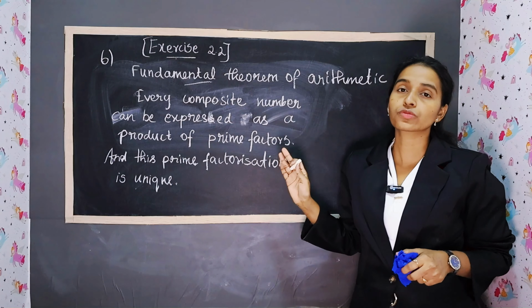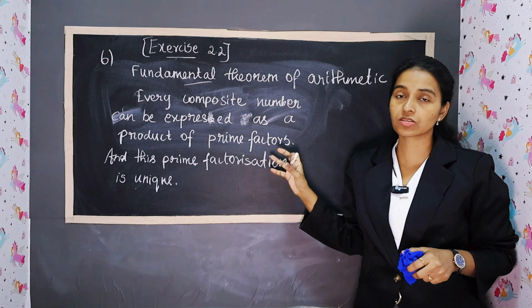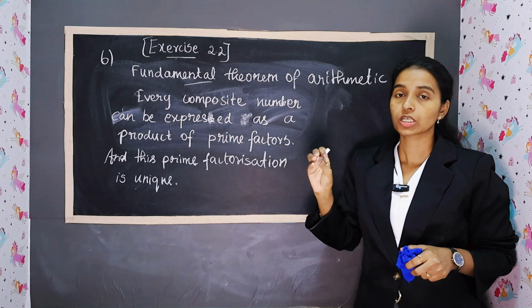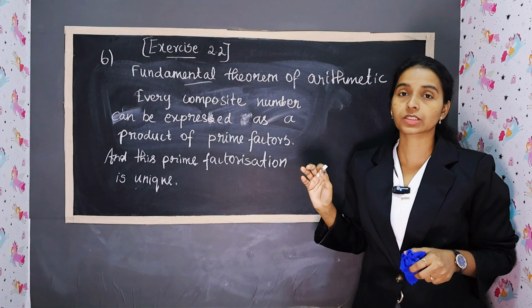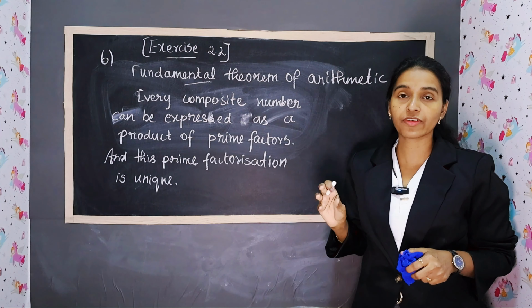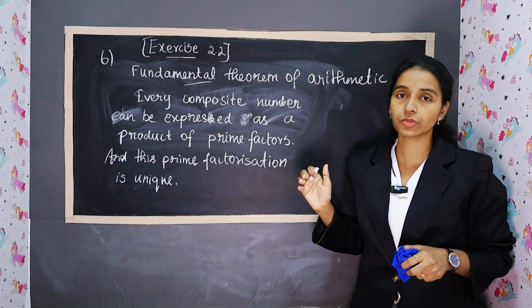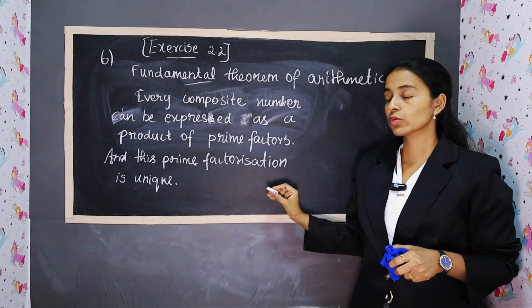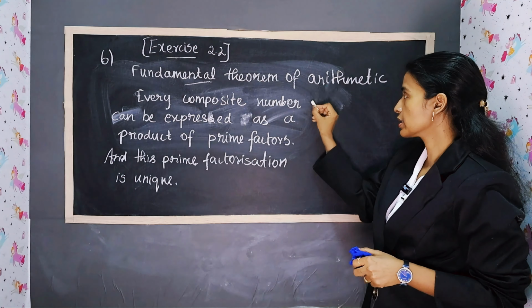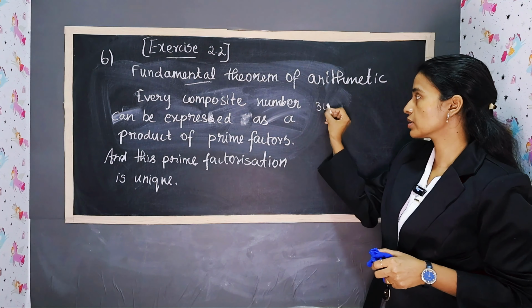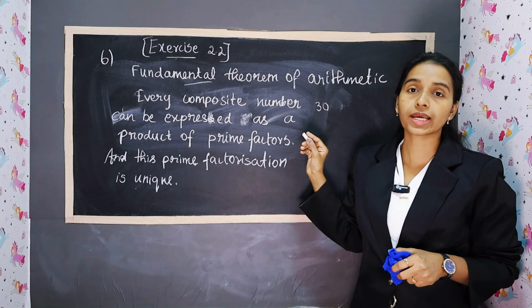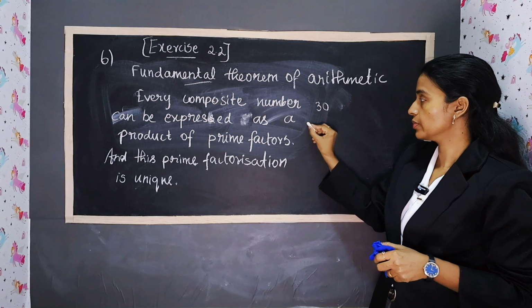Now we are going to find the prime factors of a particular number using the L method. For finding prime factors you have to use the L method, which we have already learned. For example, to find the prime factors of 30, you can use the L method.